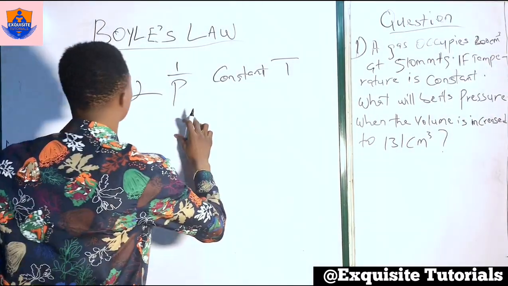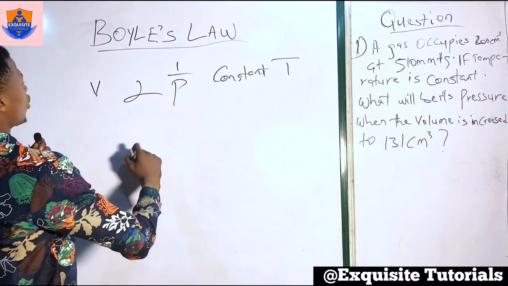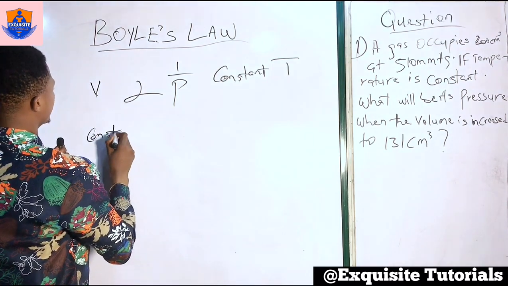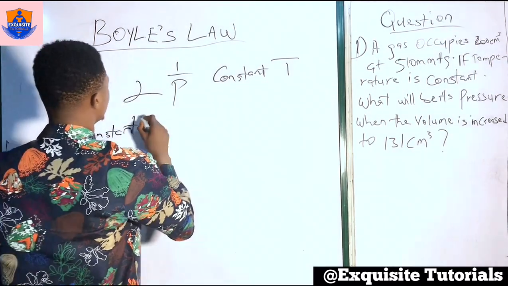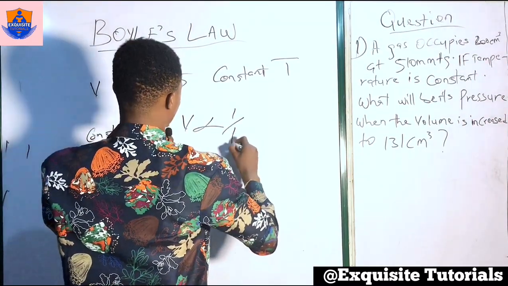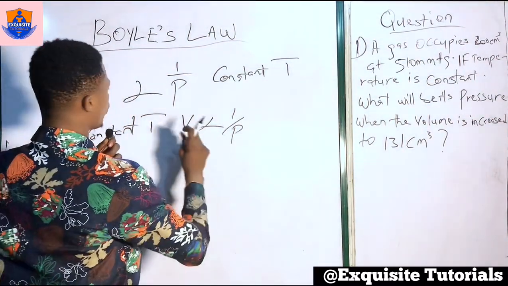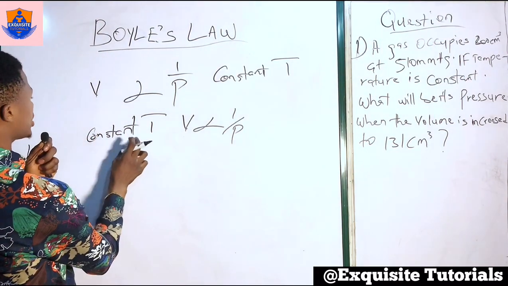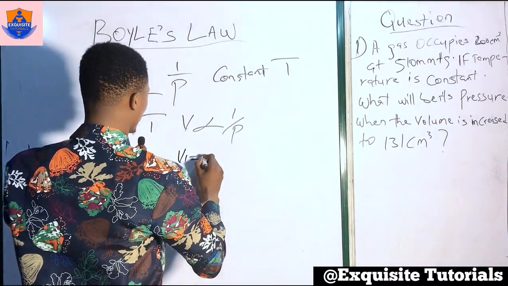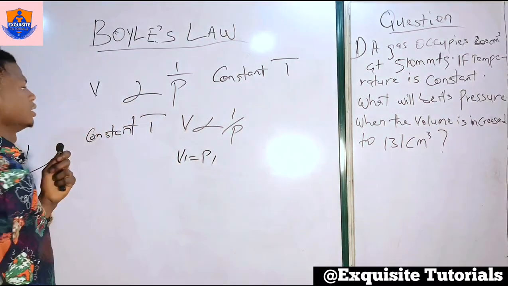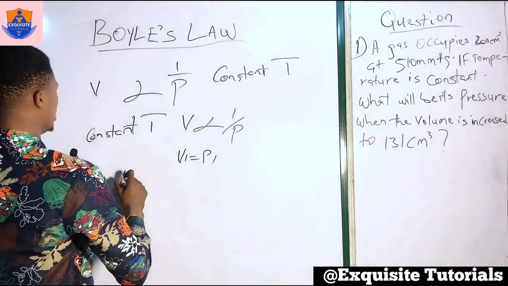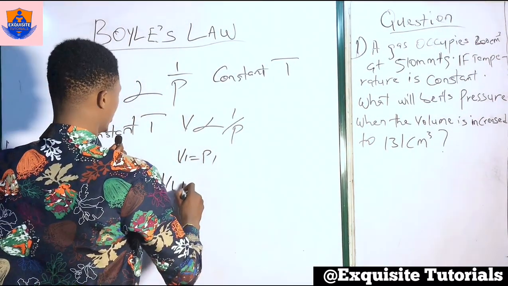Now, what this means is that at constant T, if V is inversely proportional to P, where T is a constant, then V is proportional to 1 over P. When you bring this proportionality down, it means that T is equal to V1 P1.